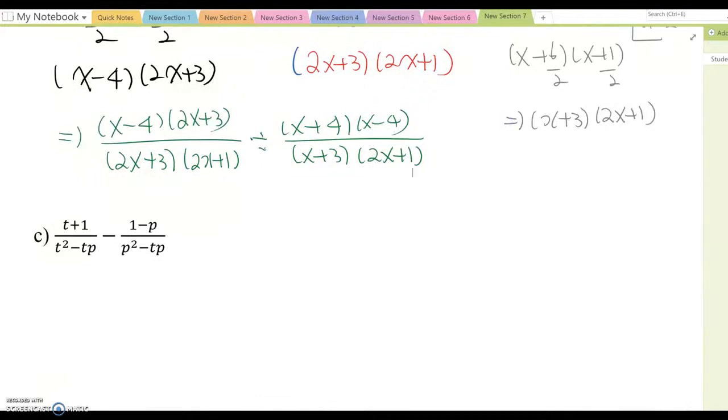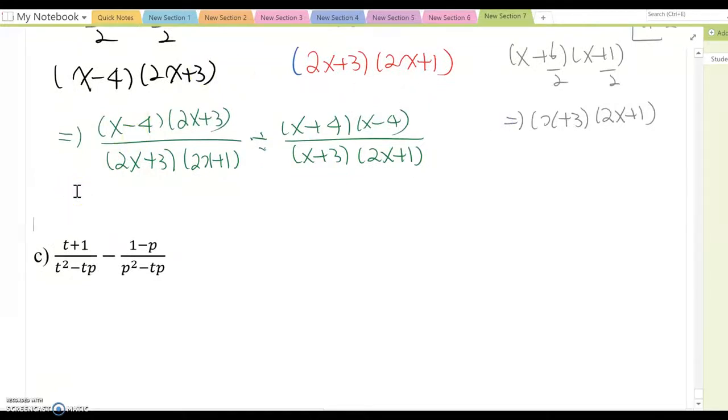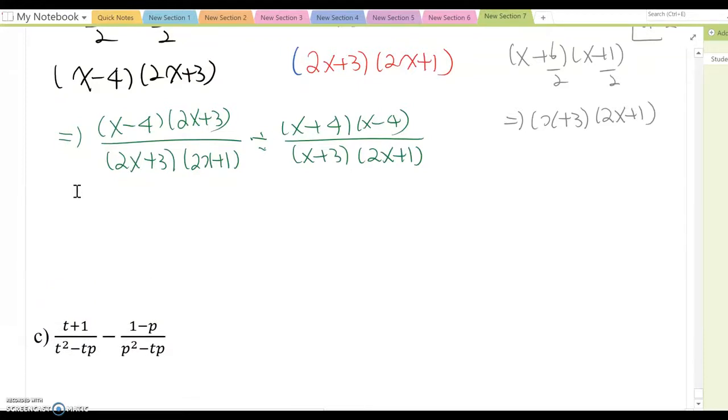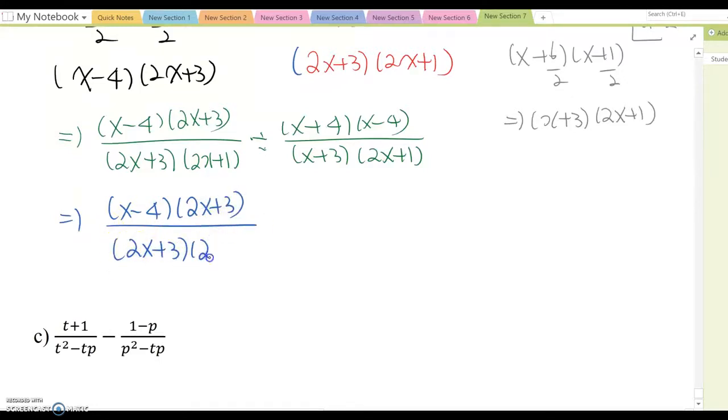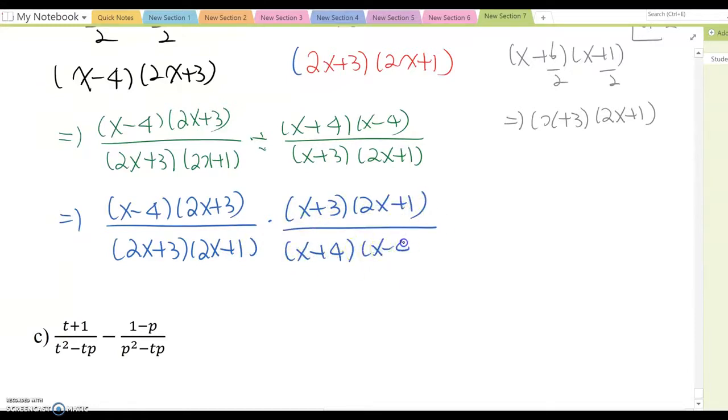Because it is division, we can make it multiplication. So I'm going to make more space for this problem, and this becomes x minus 4 and 2x plus 3 over 2x plus 3 and 2x plus 1, multiplied by x plus 3 and 2x plus 1 over x plus 4 and x minus 4.